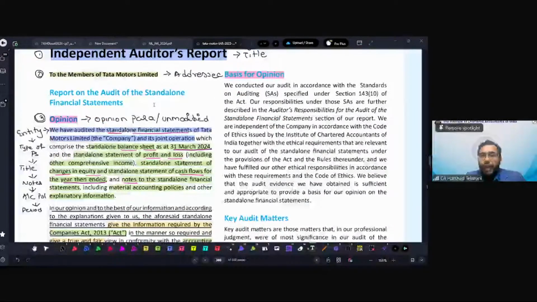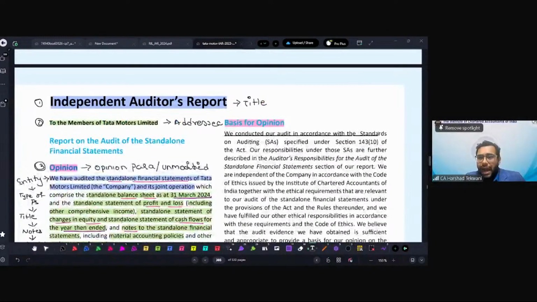We conducted our audit in accordance with the standards on auditing specified under section 143(10) of the Act. Our responsibilities under those SAs are further described in the Auditor's Responsibilities for the Audit of the Standalone Financial Statements section of the report. They are referring to some section, we will see.